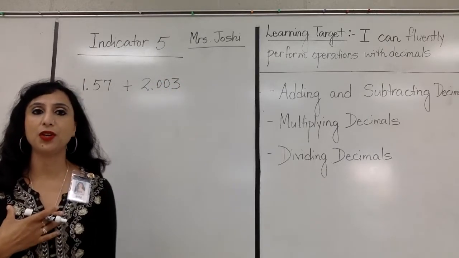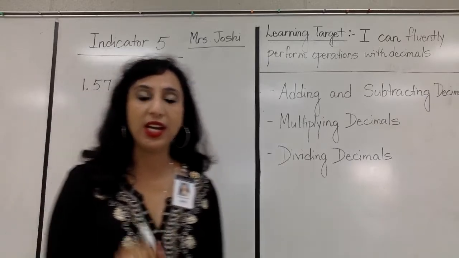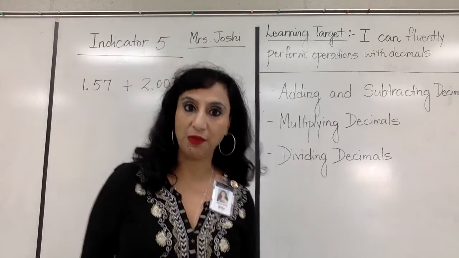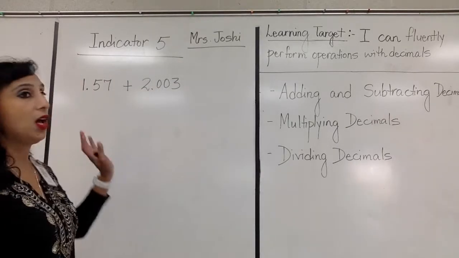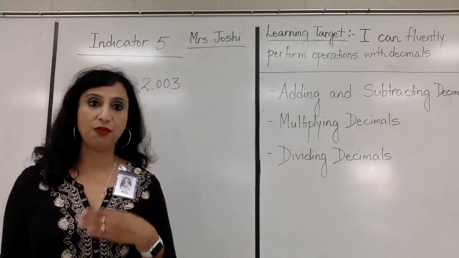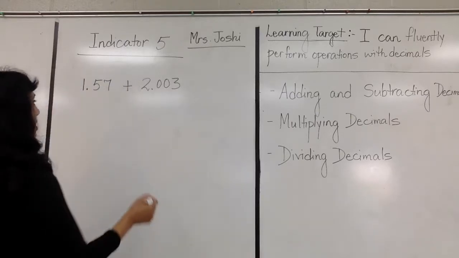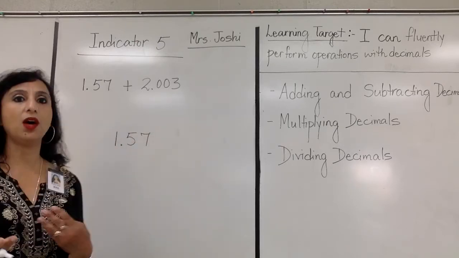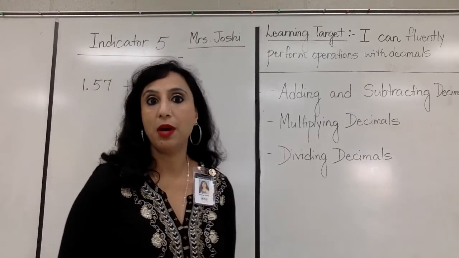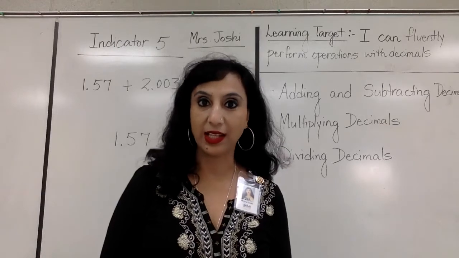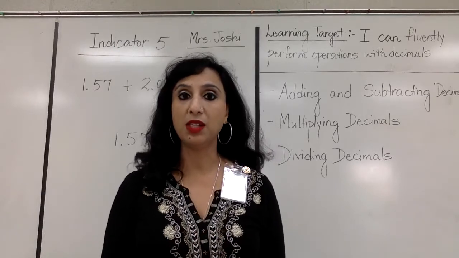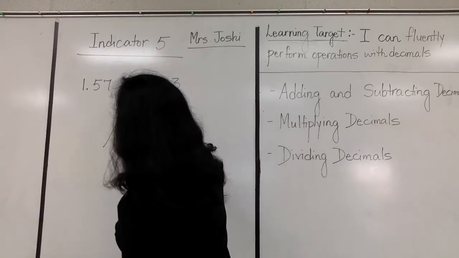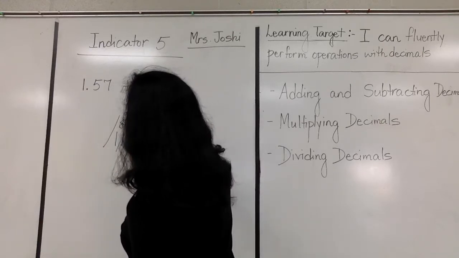So let me show you really quick a very easy way to remember the place values. This is what I always tell my students. If I have a number written like this, we know that there is no number called oneths. Before the decimal, you have ones, and after the decimal, it starts with tenths.